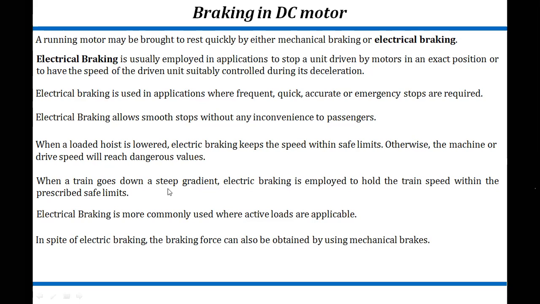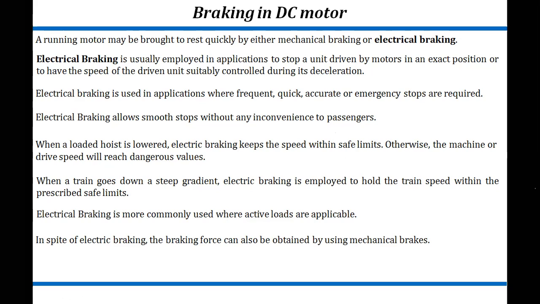If a train goes down a steep gradient, if there is any slope, we can apply electrical braking to hold the train speed within the prescribed safe limit. Like when we are driving our two-wheeler or four-wheeler and there is a slope, we make our speed less.